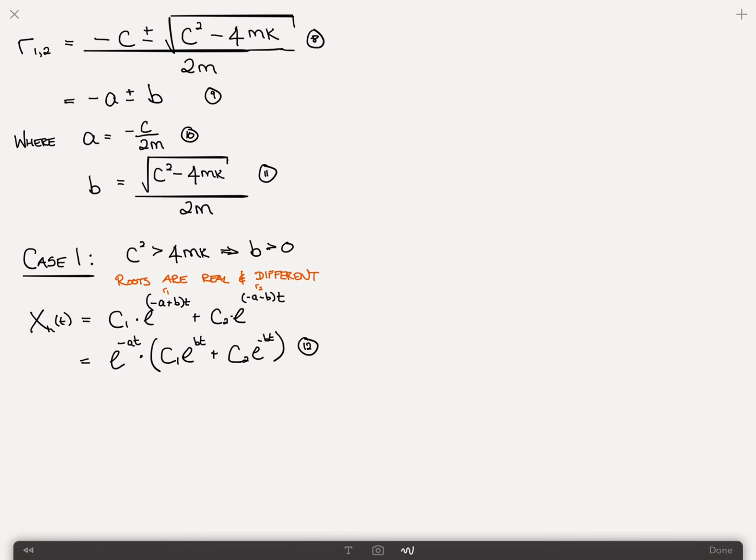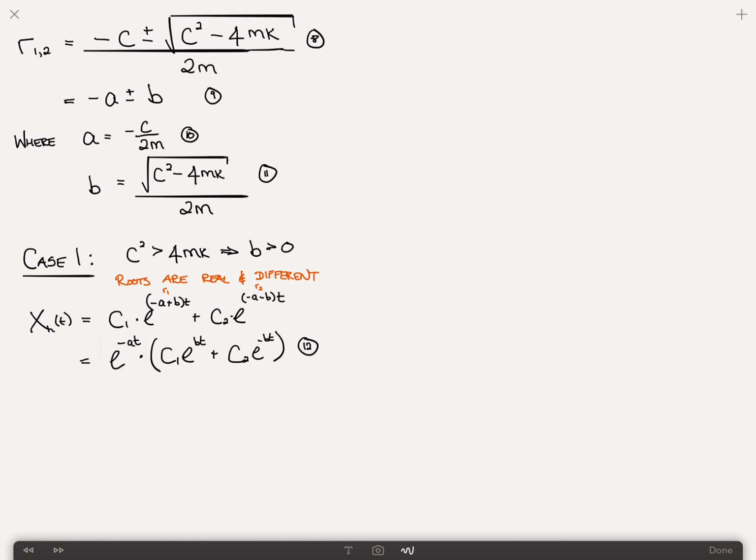We have an exponential multiplied by another exponential function, and this exponential function has a negative sign because a is always positive. And what happens is as time grows, as t increases, there are times when it might not, but in general, this is going to decay exponentially.